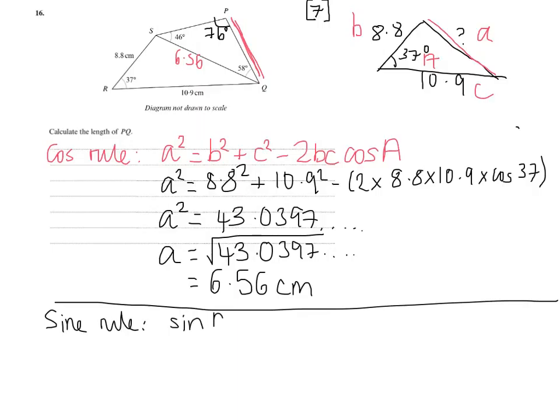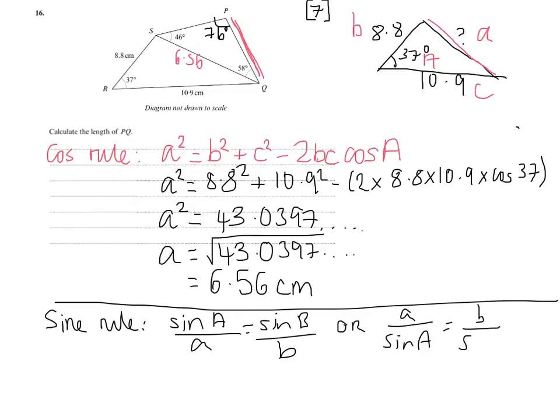Either sine A over a equals sine B over b, or a over sine A equals b over sine B. You want to use the first one when you want to work out an angle, and the second when you want to work out a length. Obviously we want to work out the length PQ, so this is the version that we're going to use.